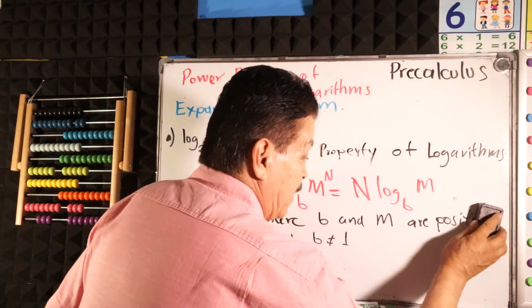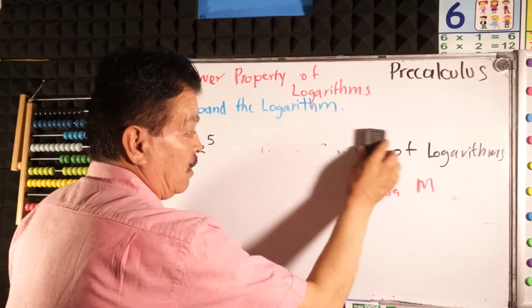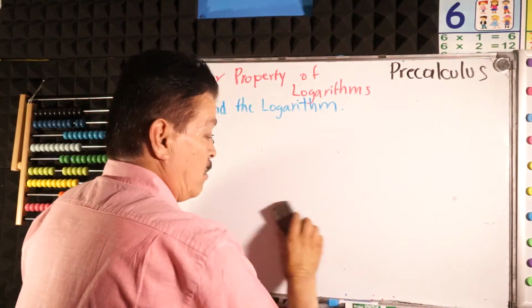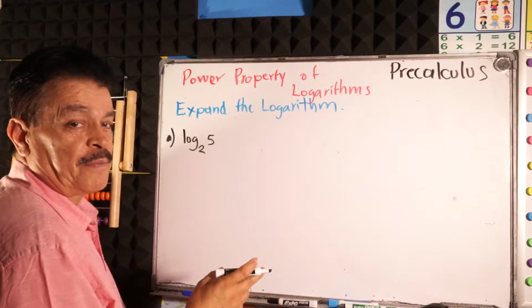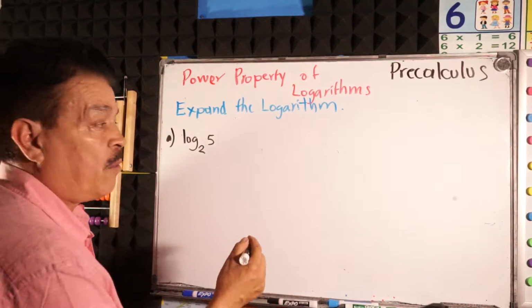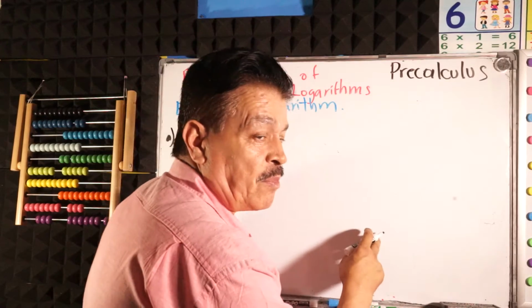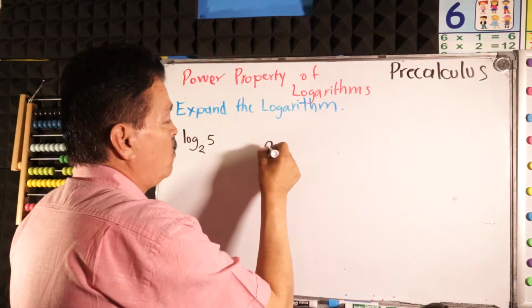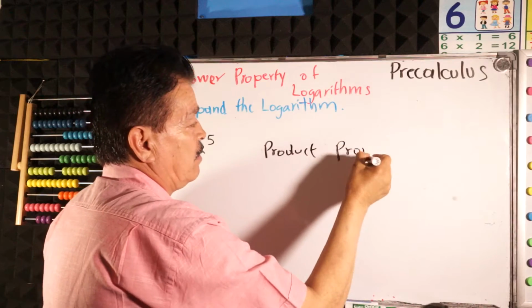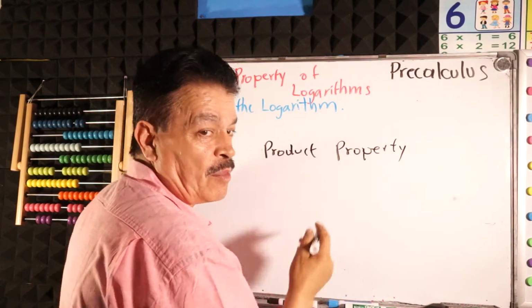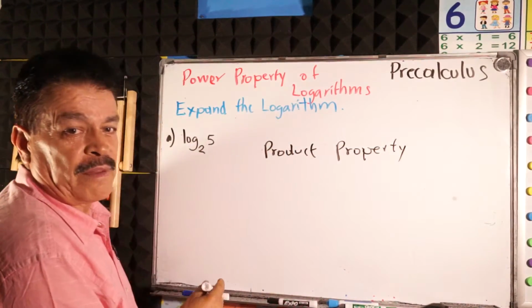I will write another rule that I already learned before. Another one that we have to remember is the product property. Product property of the logarithm.